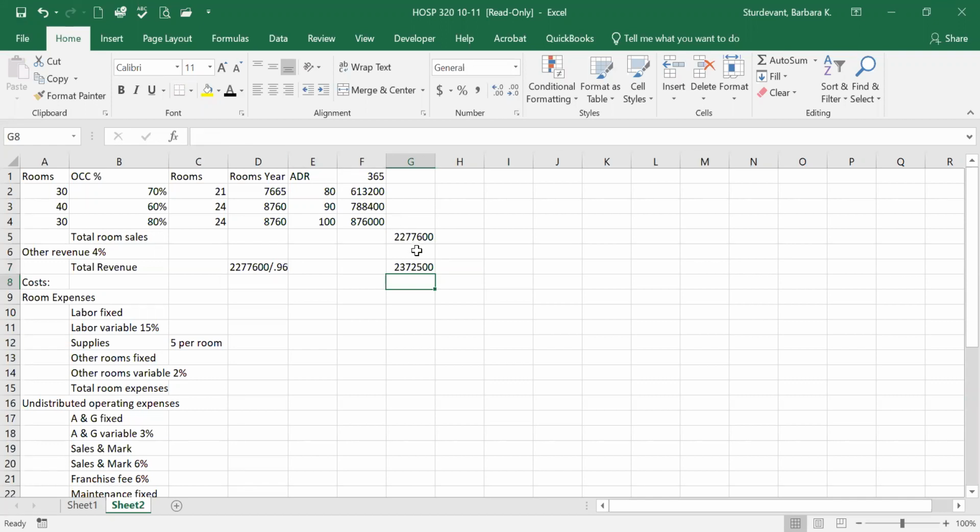And then to find our other, we're just going to subtract. So that gives us our other revenue. All right, questions on the revenue part?